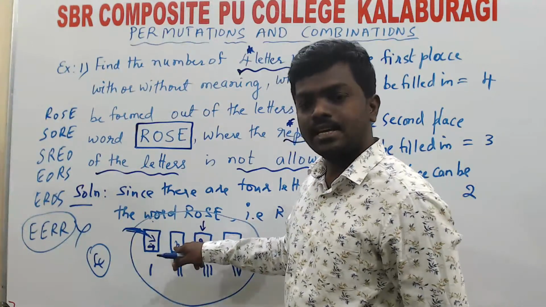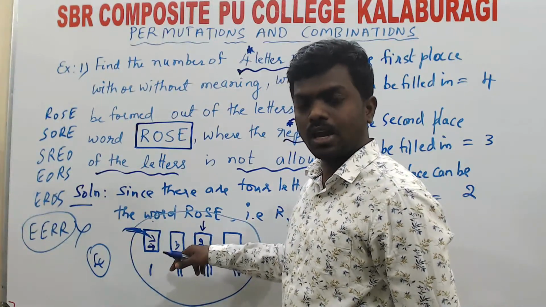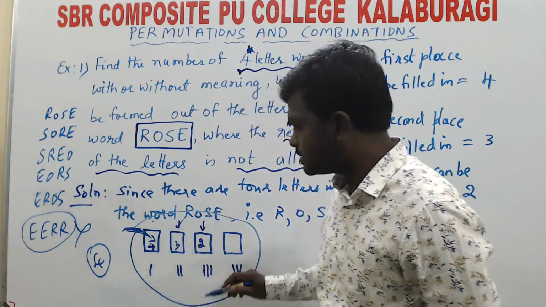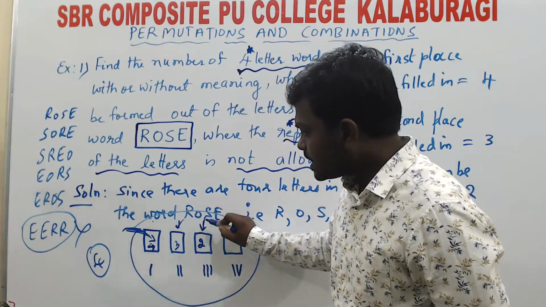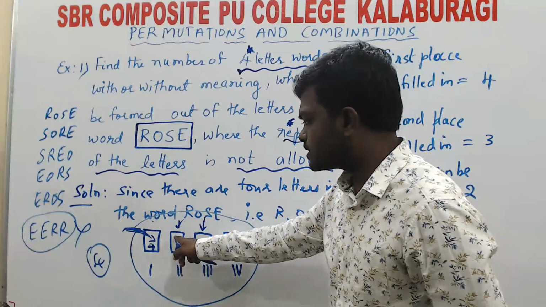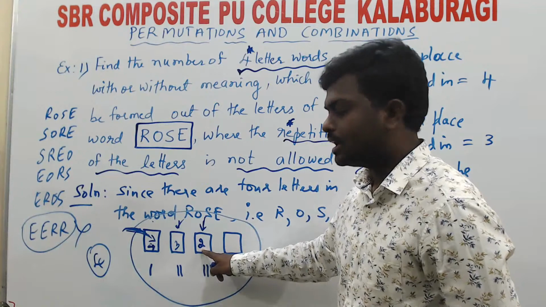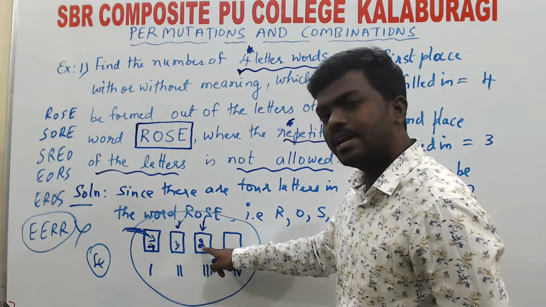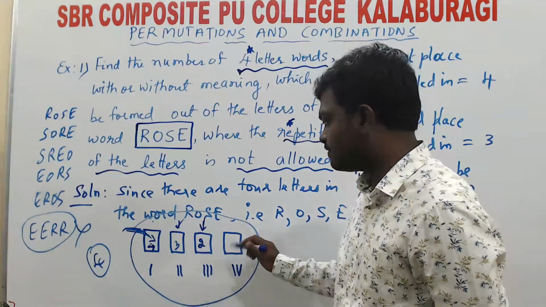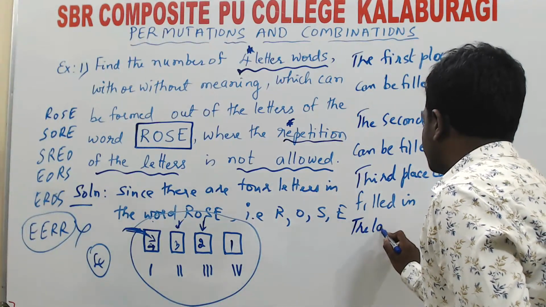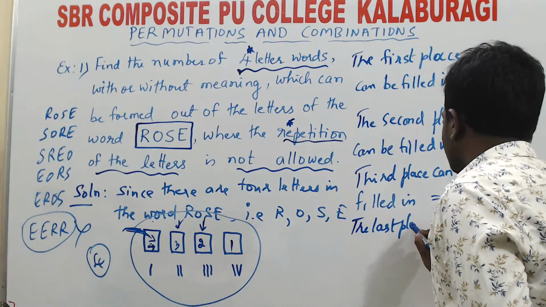Among the three, one fills the next letter, so we have three options for this place. After any of the three letters going into this box, how many are we left with? Two. Similarly, after the two letters, how many are we left with? One.